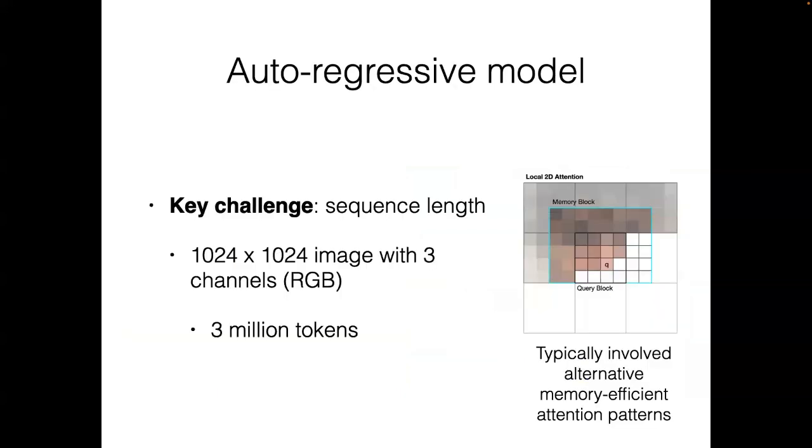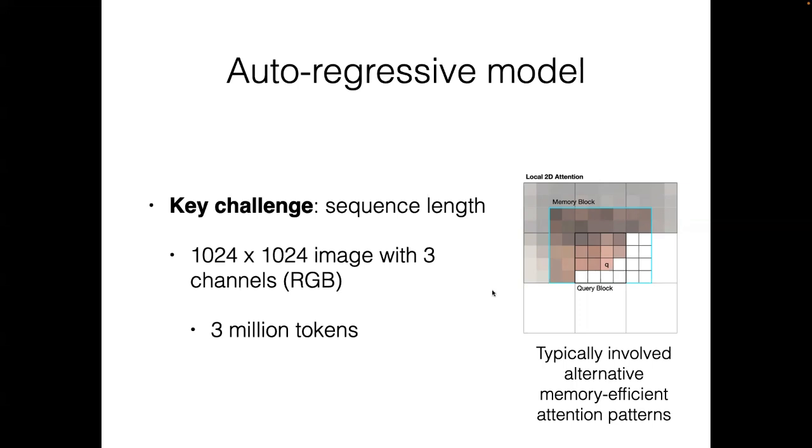One key challenge here is trying to scale this up to larger images. If you imagine doing this with 1024 by 1024 images with 3 channels, one for each color channel, that would be 3 million tokens. If you imagine an agent that wants to keep multiple images in its history, this would start to get pretty expensive and pretty memory intensive.